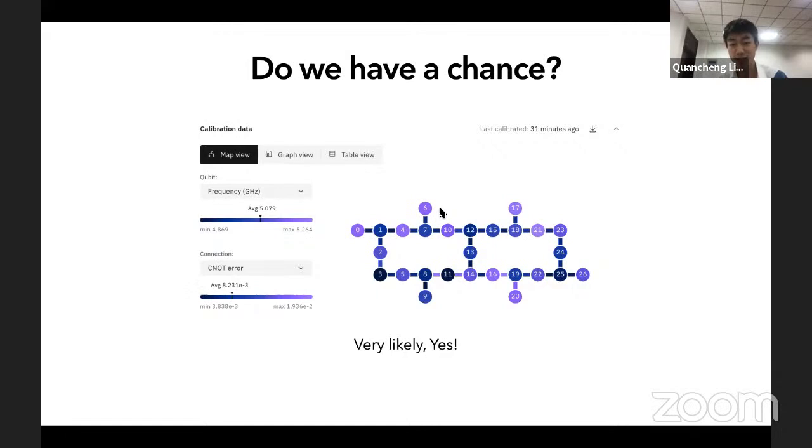So, but do we have a chance? I want to thank Emilia for giving this nice idea, that we also see this quantum computer in the course again and again. Now we are trying to work on this.